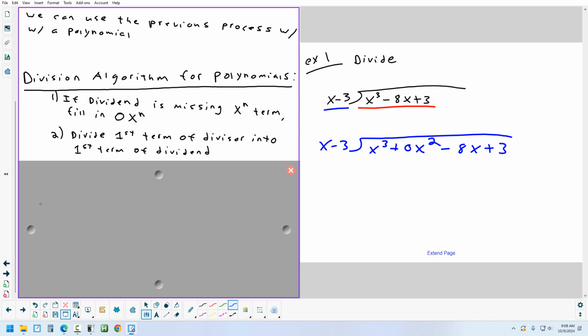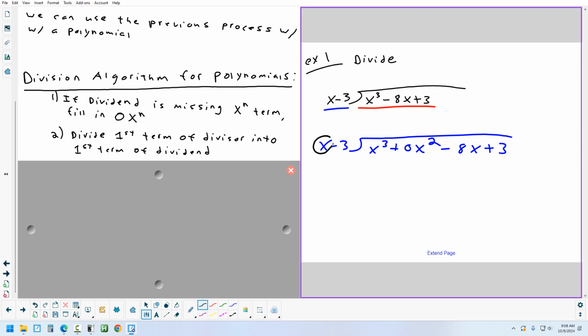All right. So now, step 2. You're going to take the first term of the divisor, which is x, and you're going to divide that into the first term of the dividend. So right now, you're not doing anything with the minus 3. We're just leaving it. Okay, we'll do something with it in a second. But take the first term of the divisor, which is x, and divide that into the first term of the dividend. So off to the side, I wrote down what I'm doing here.